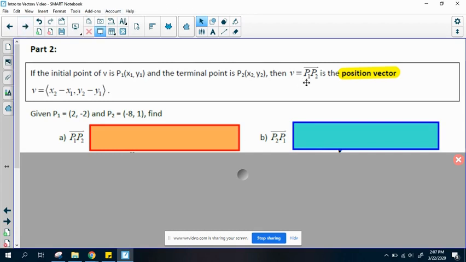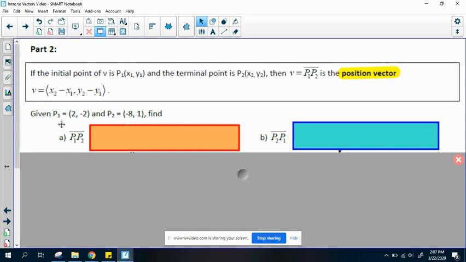See how it says P1 and P2 and it has this arrow above it. The way that you find from one position to the other is you subtract, similar to slope in a sense. So you take the second x value minus the first x value and the second y value minus the first y value. So it does matter. We have a P1 to P2, but how would that change if we went from P2 to P1?